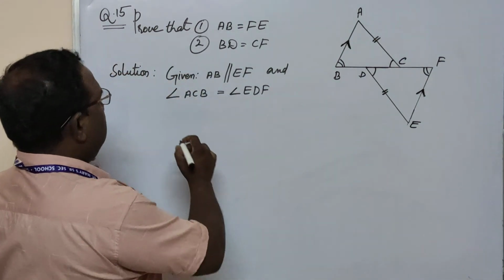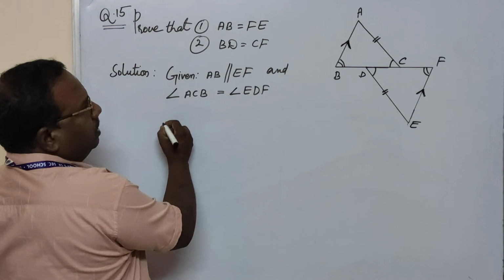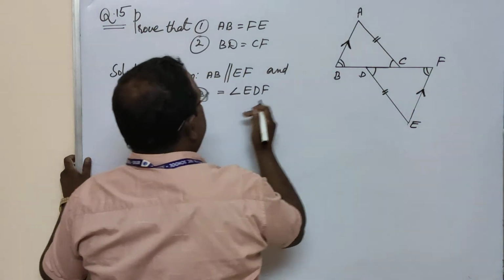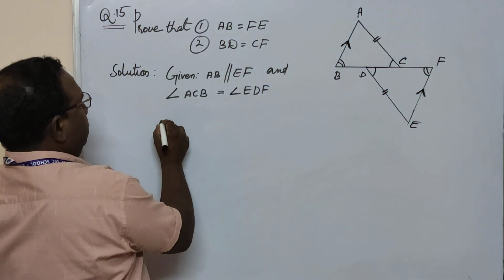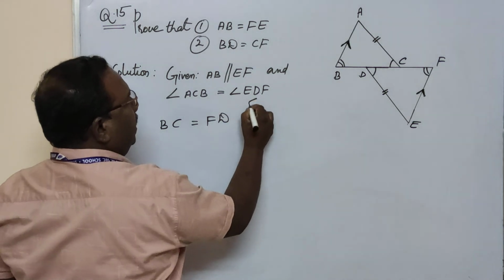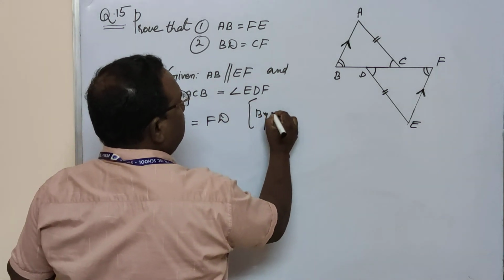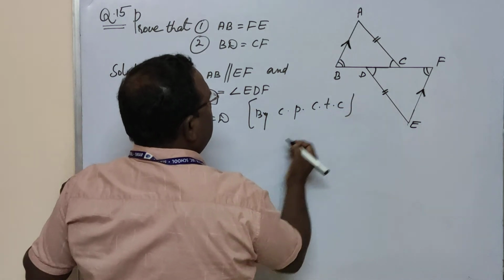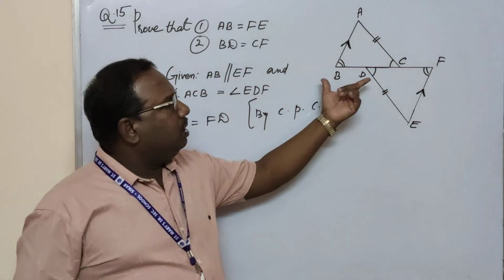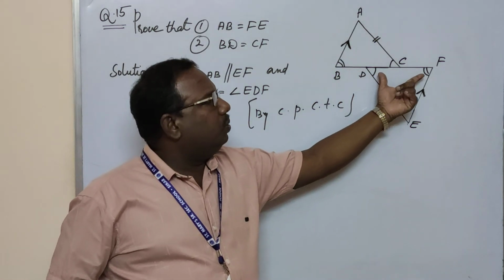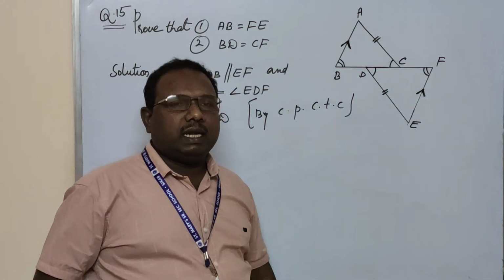And BC equal to FD by CPCTC. You can look at this: BC side of the first triangle is equal to FD side of the second triangle.